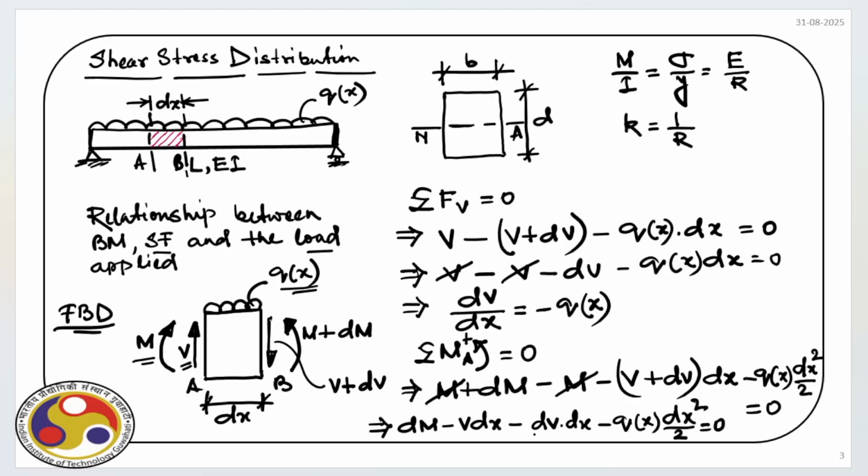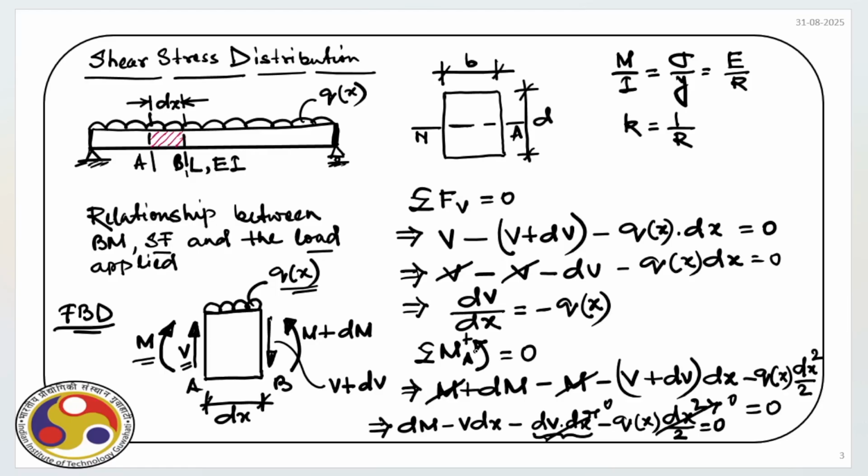Obviously, this quantity is very small because both dV and dx are small, and similarly this also we can neglect. So these two quantities we can neglect because they are very small, almost close to 0. So what we are left with is dM minus V dx is equal to 0.